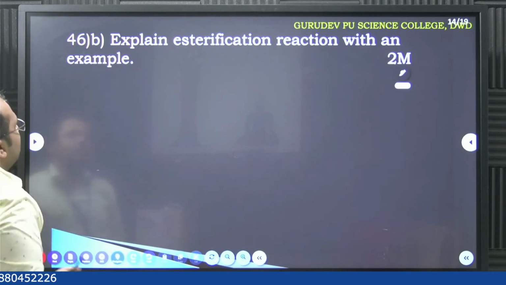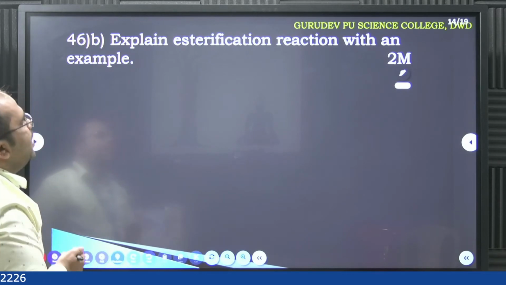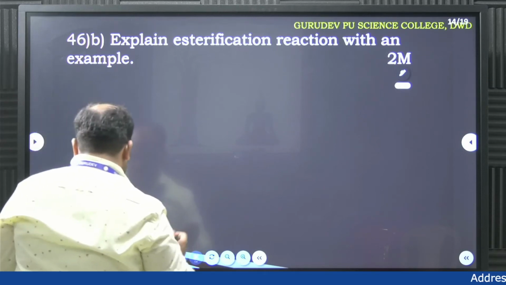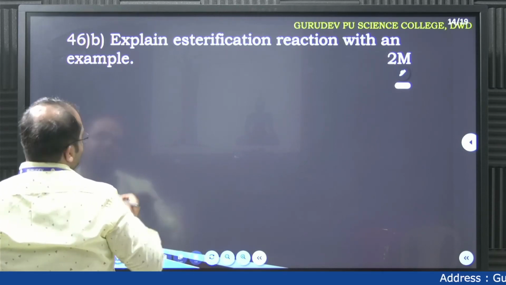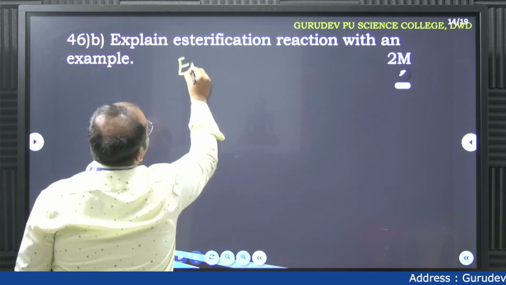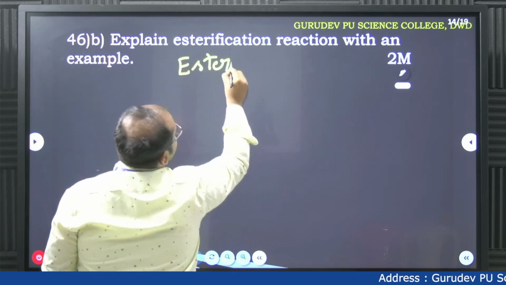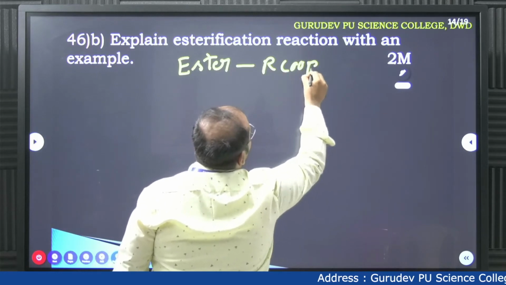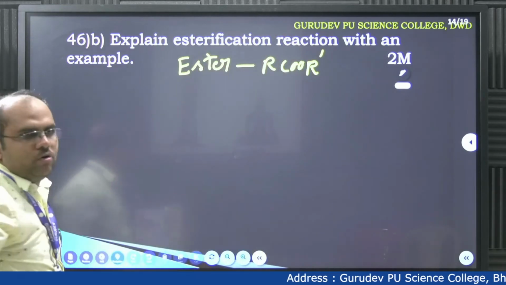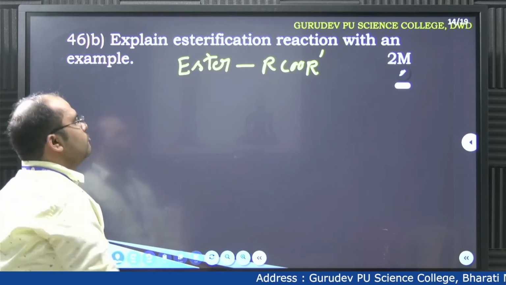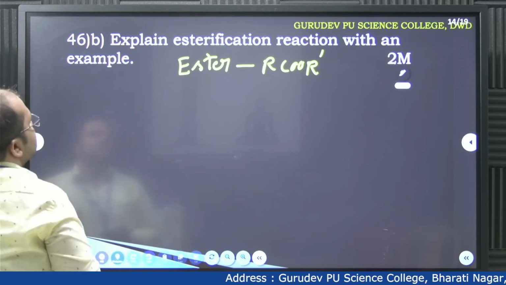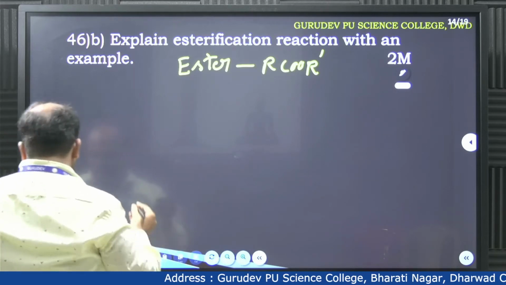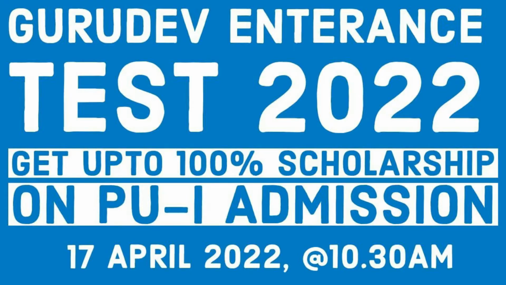Next we shall move on to the next question, that is explain the esterification reaction with an example. So in the esterification reaction, what are esters? Esters are functional groups carrying COO, that is the ester linkage. In the esterification reaction, we consider the carboxylic acid.